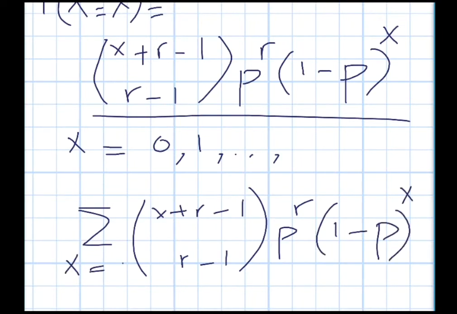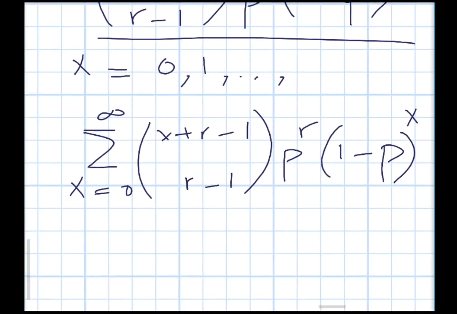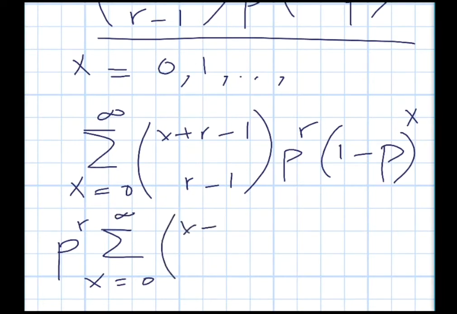Now we can bring this p to the r outside, and the remaining sum is over x from 0 to infinity of x plus r minus 1 choose r minus 1, 1 minus p to the x.